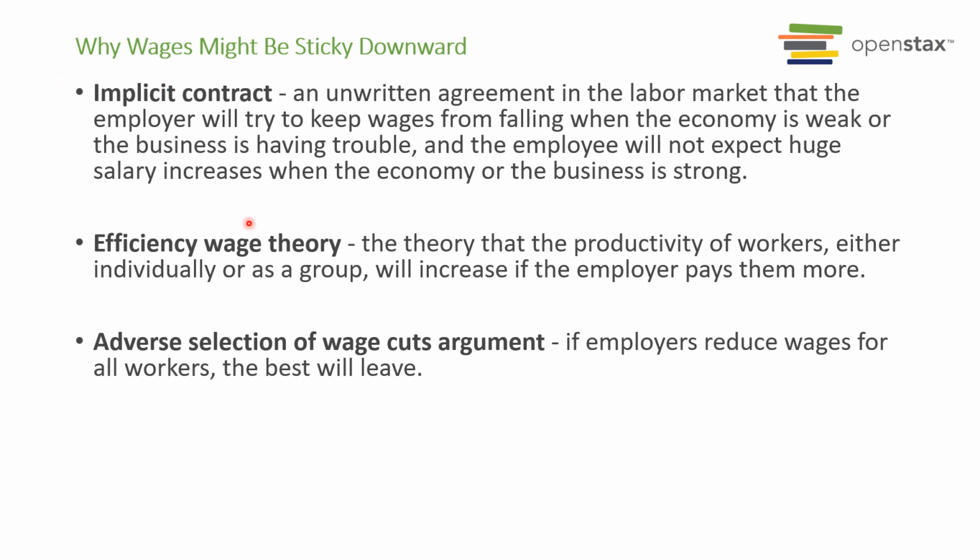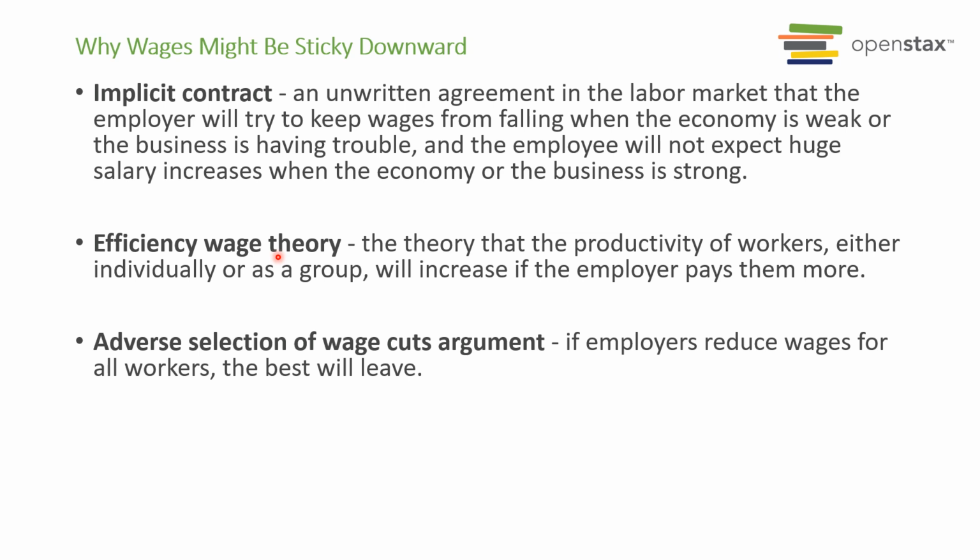There's also the efficiency wage theory, which says that if an employer provides a higher wage than the equilibrium wage, then the efficiency or productivity of workers will go up.